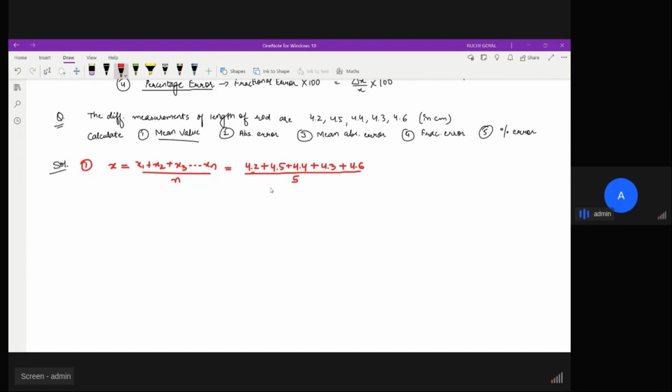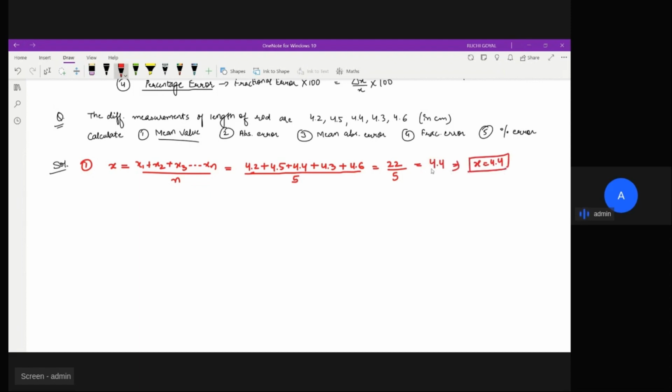After adding all the values we get 22. Dividing 22 by 5, we get 4.4. So this is the mean value, the answer to the first part.